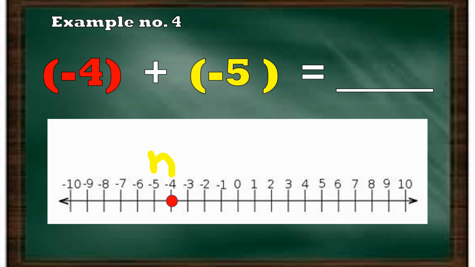So 1, 2, 3, 4, 5. It landed on negative 9. So the answer of negative 4 plus negative 5 is negative 9.